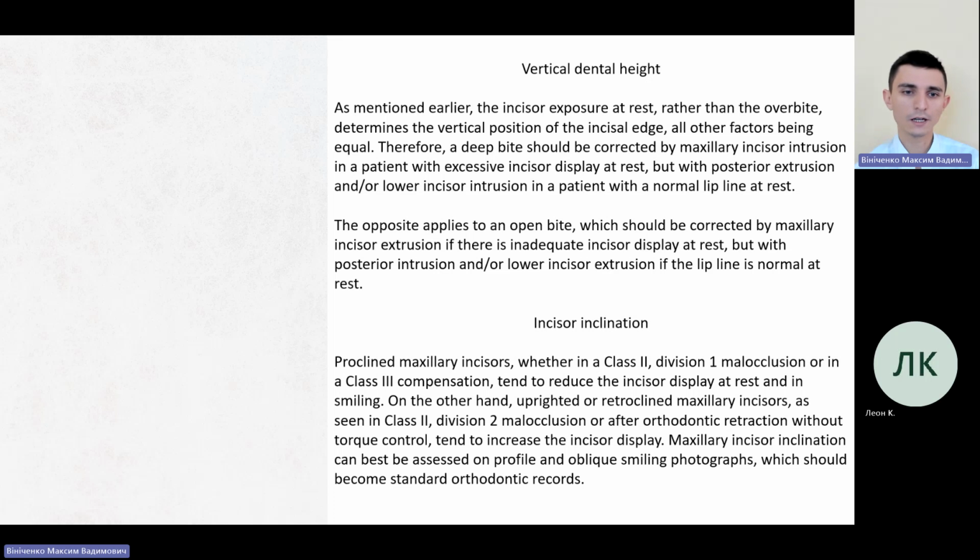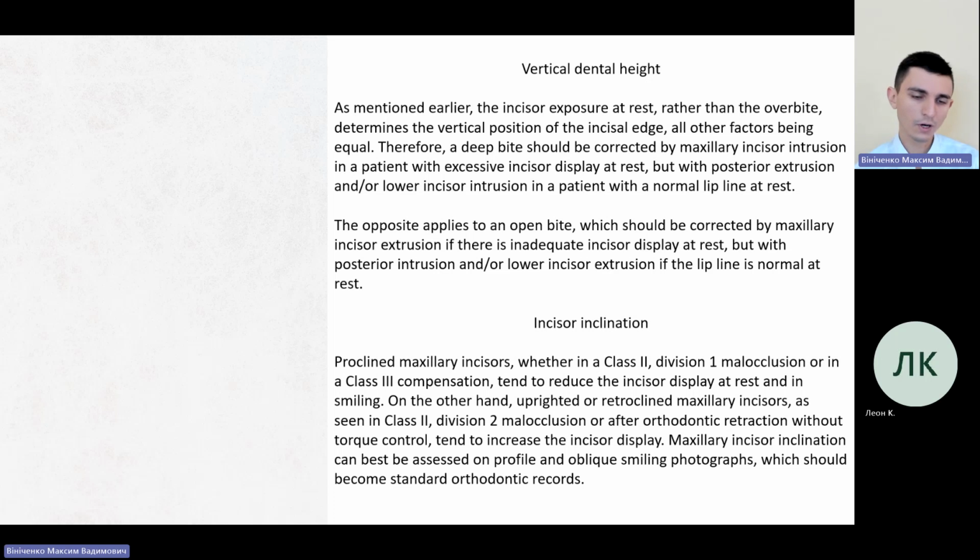The opposite applies to an open bite, which should be corrected by maxillary incisor extrusion if there is an inadequate incisor display at rest, but with posterior intrusion or low incisor extrusion if the lip line is normal at rest.